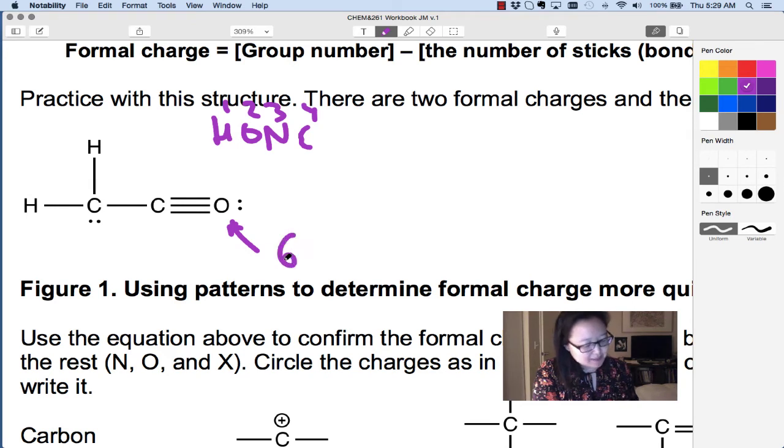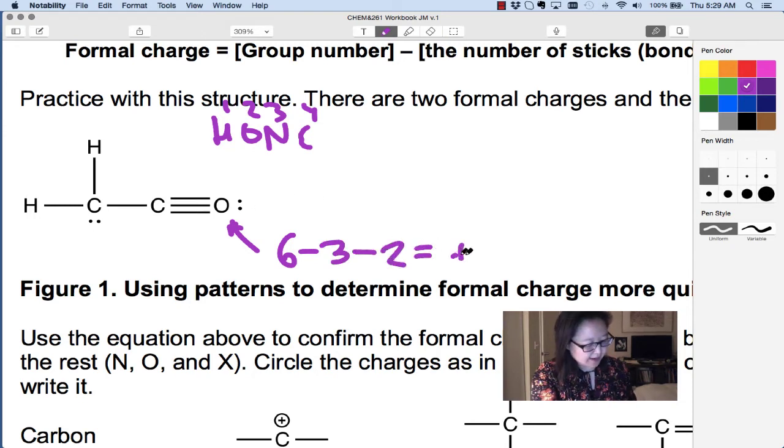Oxygen is in group 6, so it's its group number or number of valence electrons it would normally have by itself. And then I'm going to sort of figure out, does it have more than 6 in general or less than 6 in general around it? And so to do that, I'm going to say 1, 2, 3 sticks and minus 1, 2 stones.